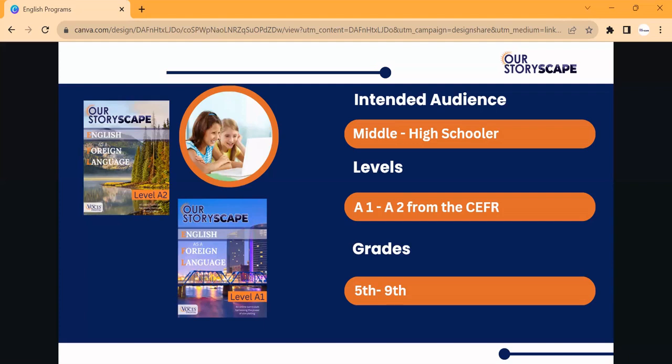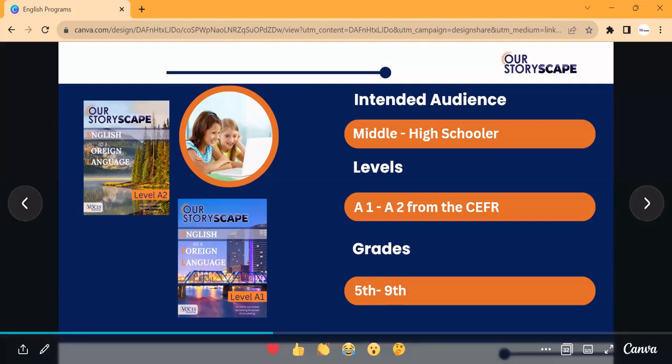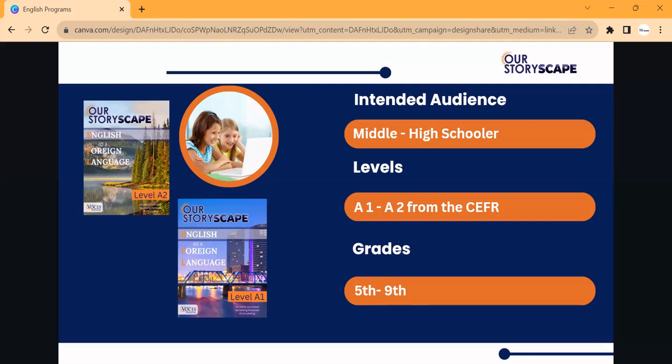Differently from ESL 1, 2, 3, and 4, level A1 is for beginners, and level A2 is pre-intermediate, or what some call elementary.